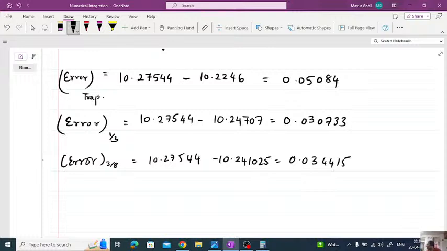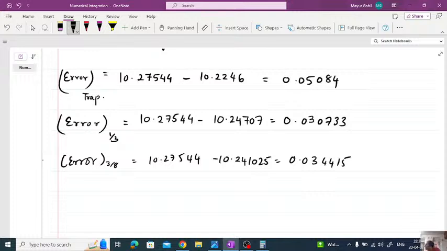इधर नहीं, ओरिजिनल आंसर इज. I am getting this as the error. How much is your answer? Which answer are you talking about? Error 0.0498, I am getting 0.0508.